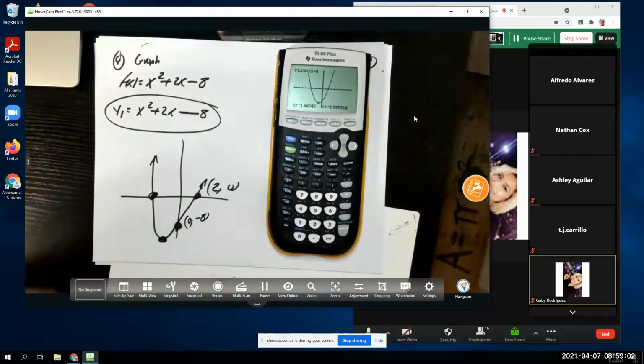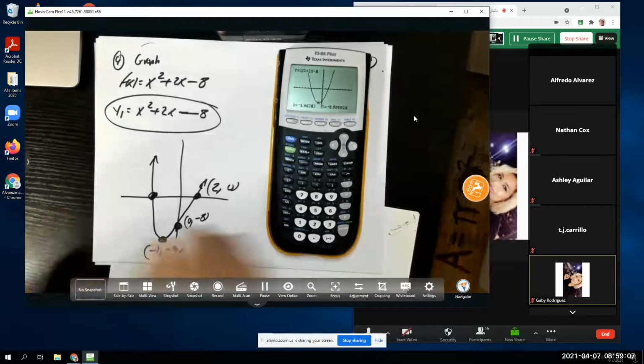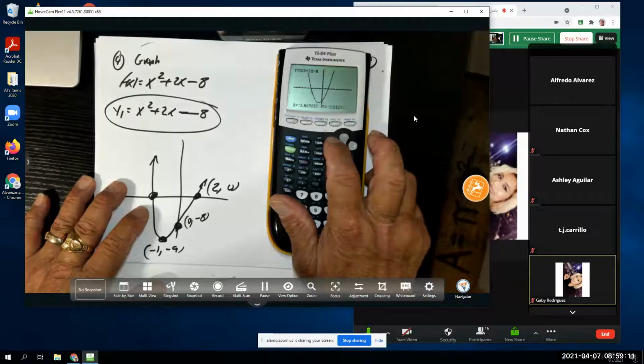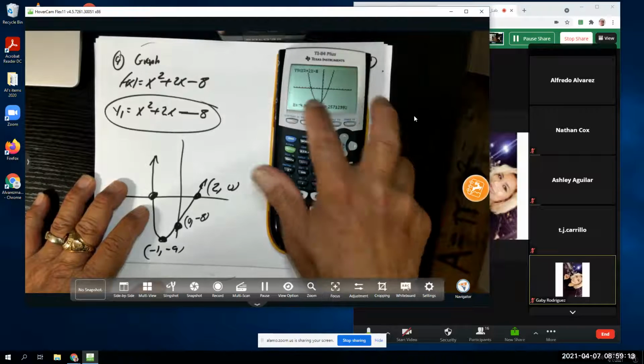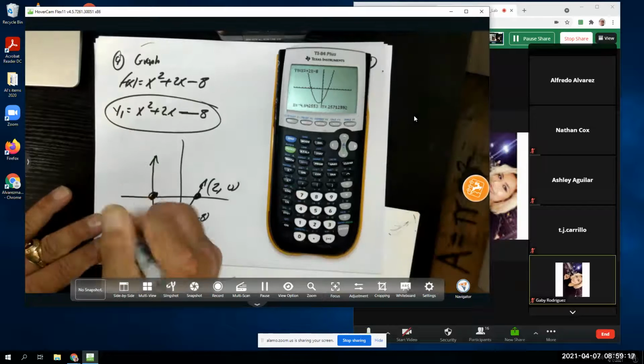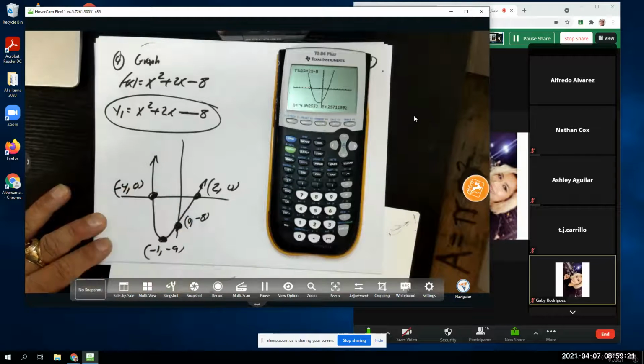I'm just going to round it off. -1 and -9. And if I keep going left, keep that little cursor going. Over here, it looks like it's close to -4 and 0. Over here, this one's -4 and 0. Okay, so now I got all my dots and I just rounded them off.